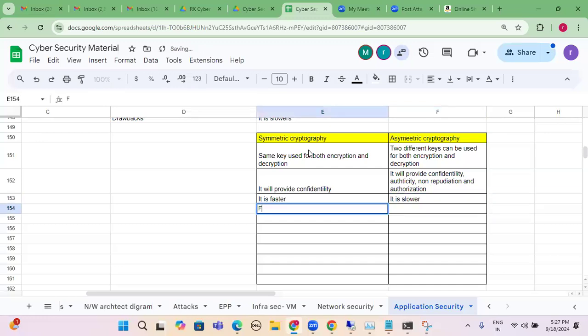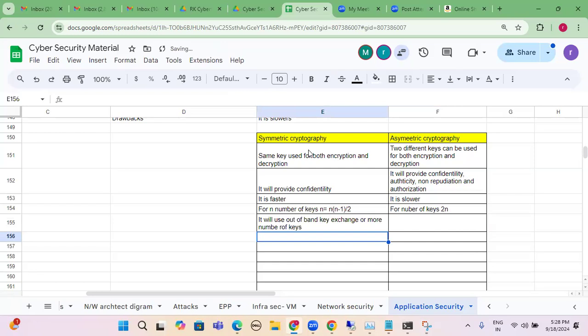And next one, for n number of keys, keys exchanged will be n into n minus 1 by 2. Here, for asymmetric, the formula equals 2n. So symmetric has out-of-band key exchange, or this is also called more number of keys.